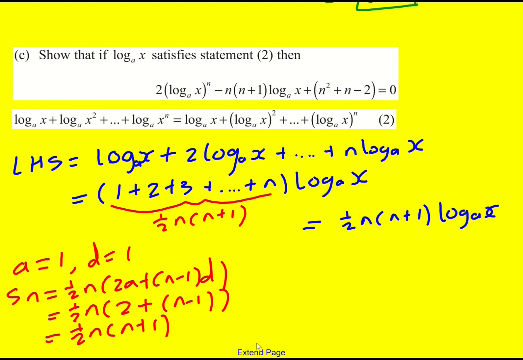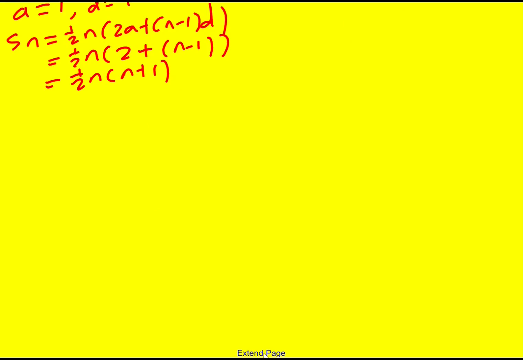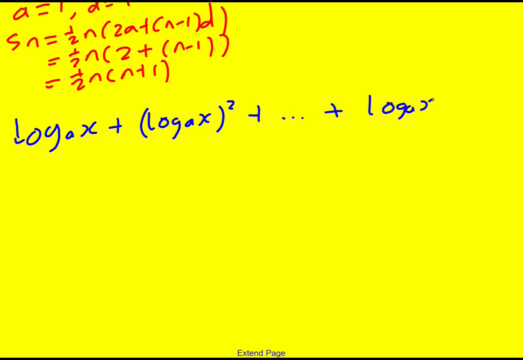Let's take a look at the right-hand side. So in fact, this is a geometric series. But normally when we write down a geometric series, we actually have, let me change the color, a plus ar plus dot dot dot plus ar to the n minus 1.